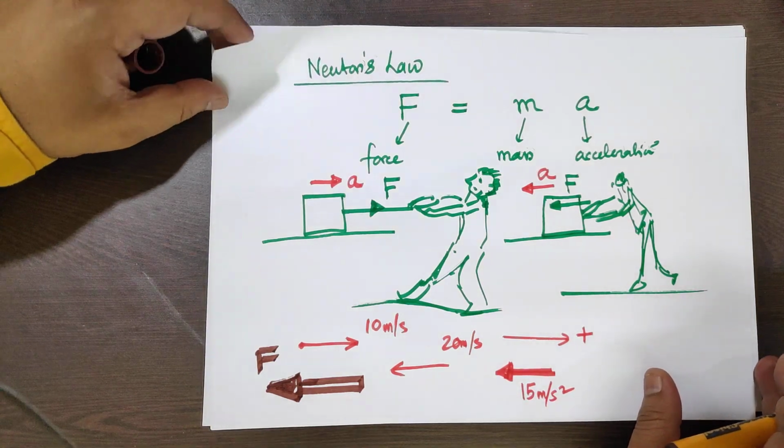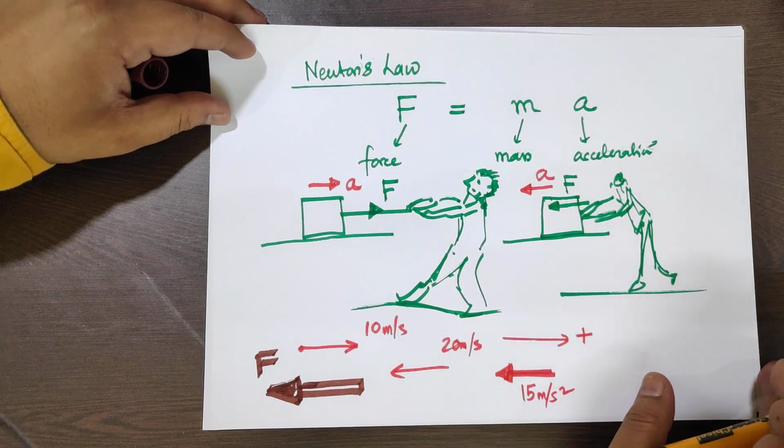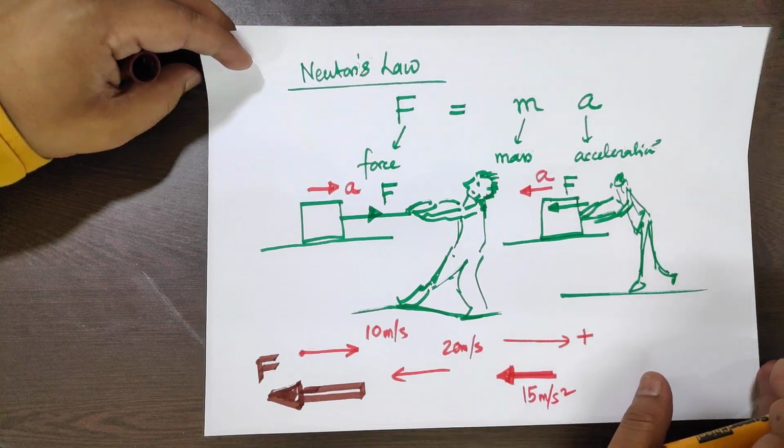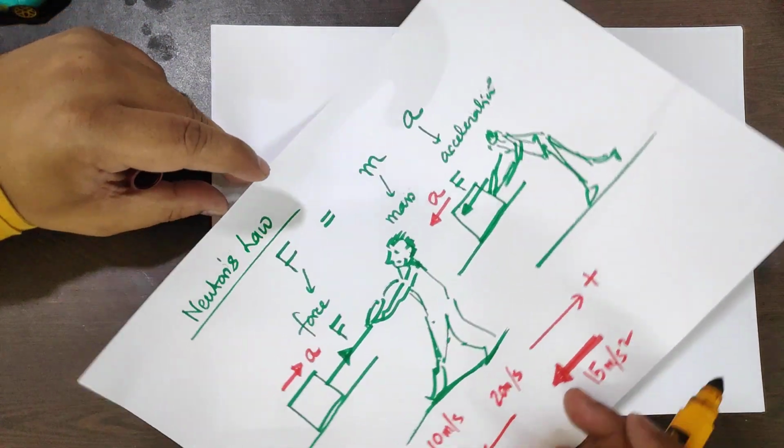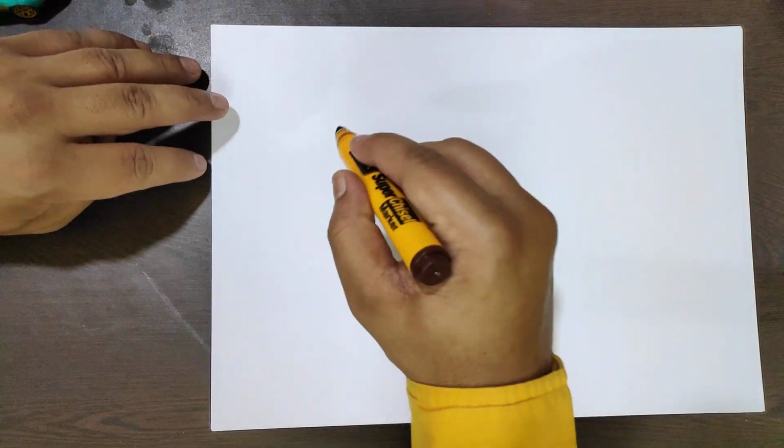Right? So this happens in motion under gravity. If for this problem you just tilt this paper this way, velocity towards the right will become upwards.